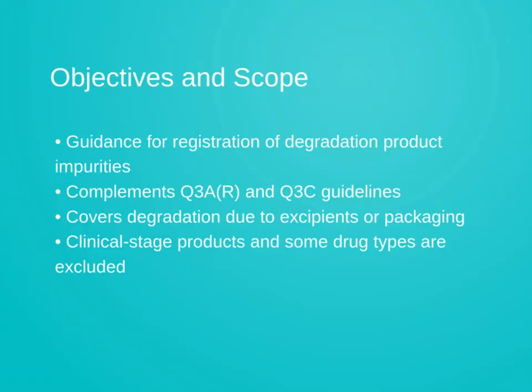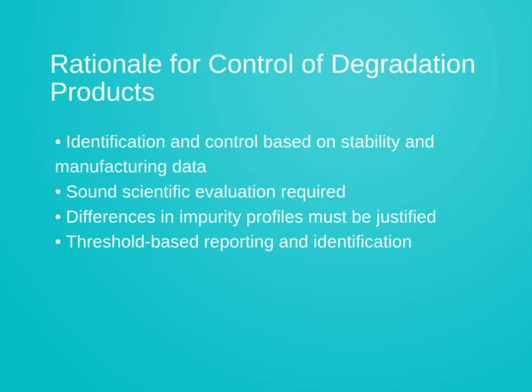It specifically covers degradation products resulting from interactions with excipients or packaging. However, this guideline excludes investigational products, as well as impurities from excipients or those leached from packaging, unless they qualify as degradation products. Why is this control important? Because degradation products can impact both safety and efficacy.